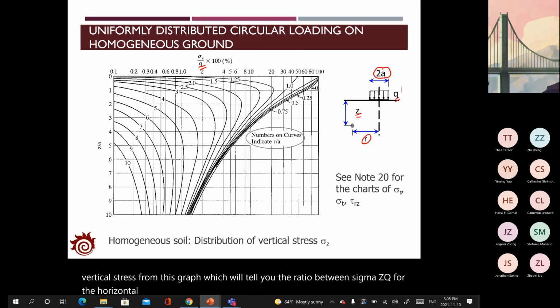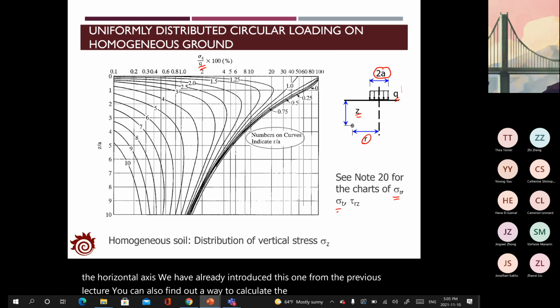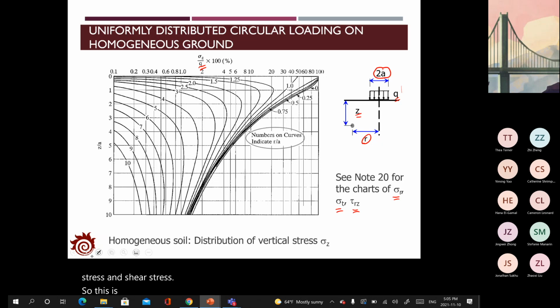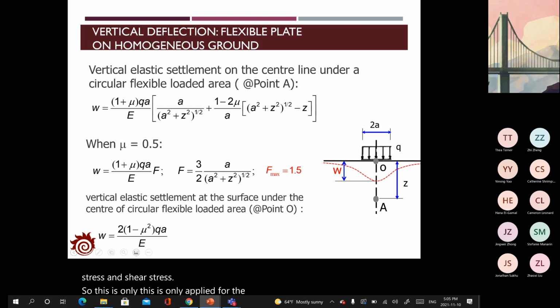We have already introduced this in the previous lecture. You can also find a way to calculate the radial stress, the tangential stress, and the shear stress. This only applies to homogeneous ground.